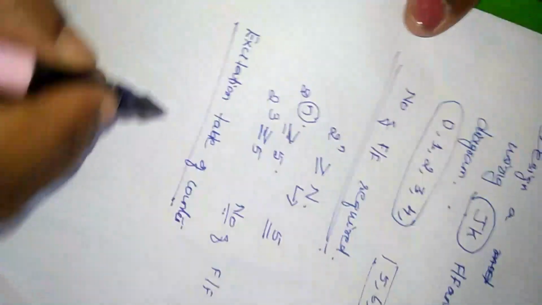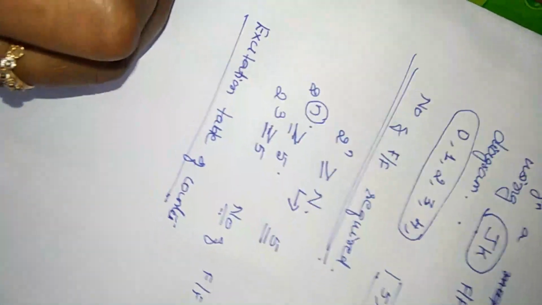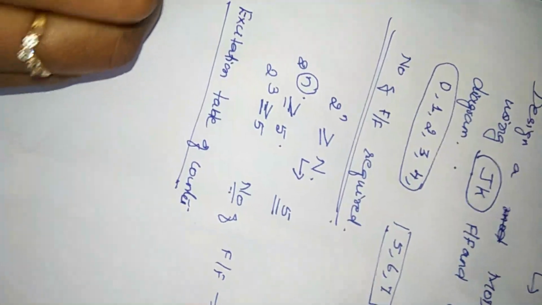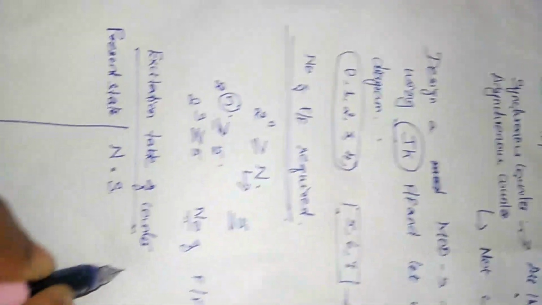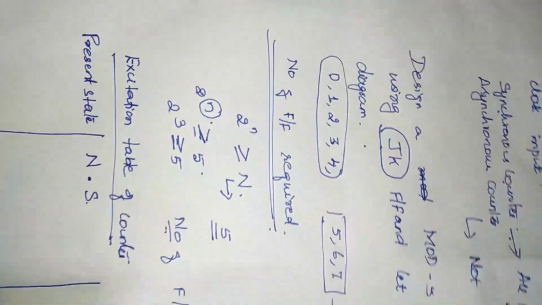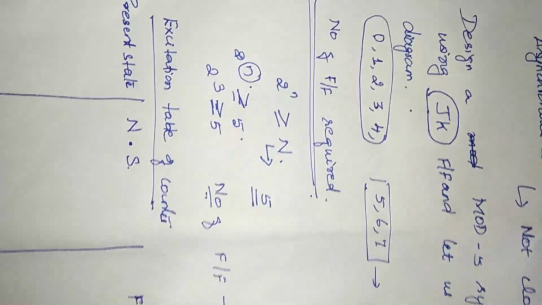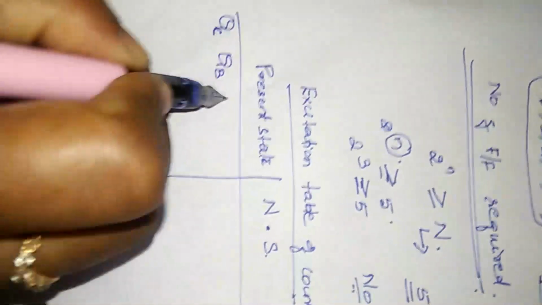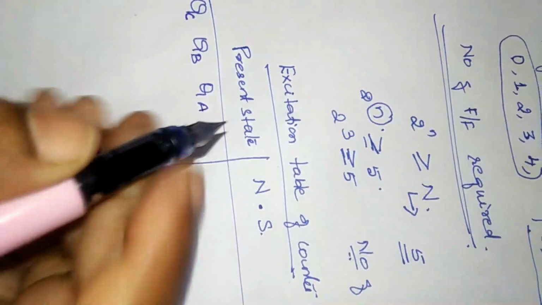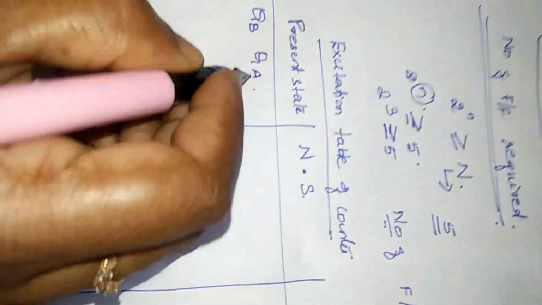To obtain the excitation table, we need the present state, the next state which I will write as NS, and the flip-flop inputs. The present state, let me name it as QC, QB and QA, in this order.